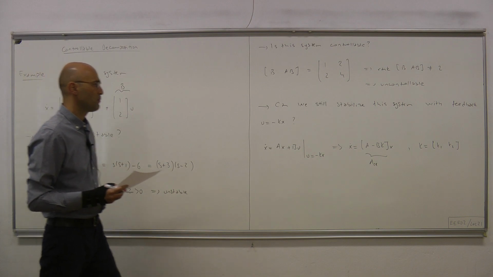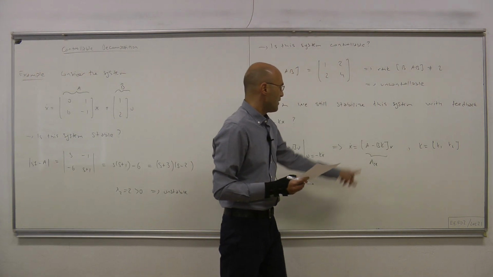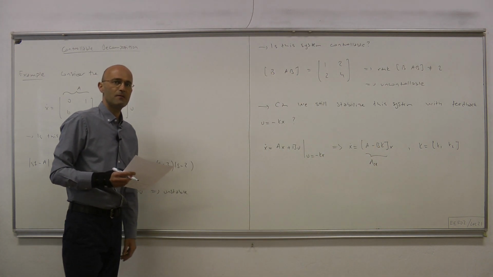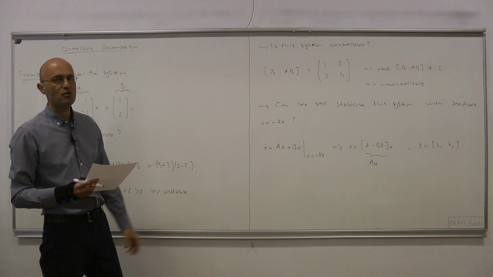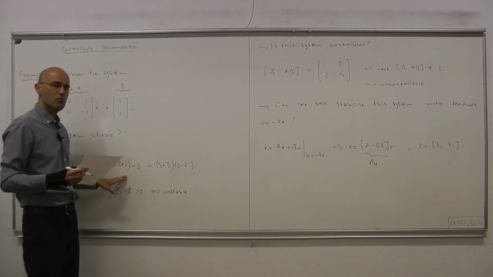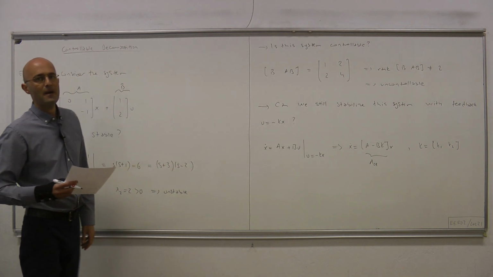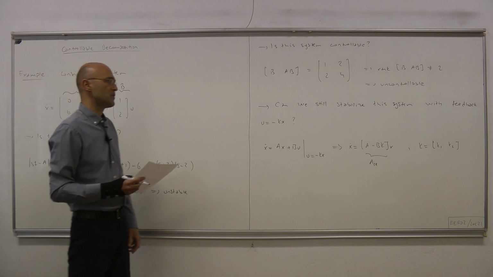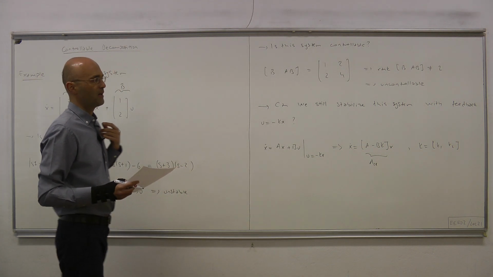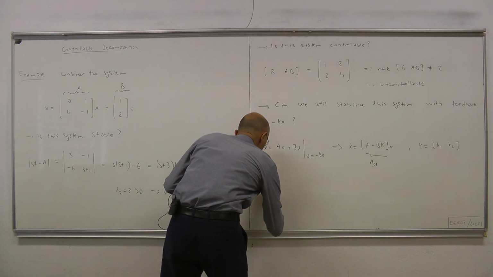So let's plug in that structure for K, and we have A and B form the closed loop system matrix, which will be depending on K1 and K2. From that closed loop system matrix, we can figure out the characteristic polynomial, and then we can perhaps talk about the pole locations, eigenvalue locations, through the characteristic polynomial, which will be in terms of K1 and K2.